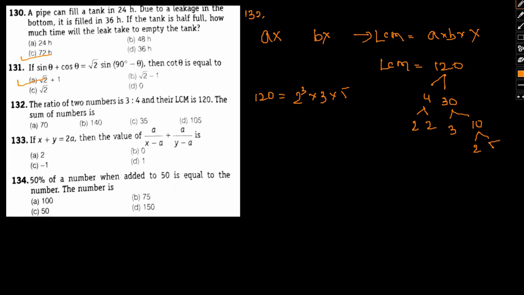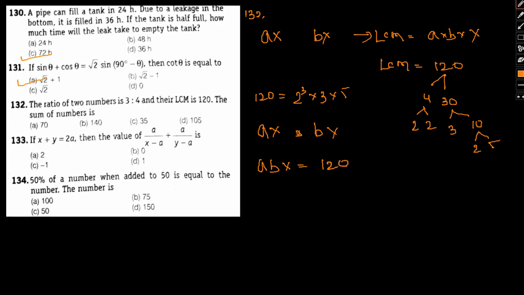So now one thing you notice, if we take the numbers ax and bx, the numbers are going to be something of the kind, say here, abx will simply be 120.